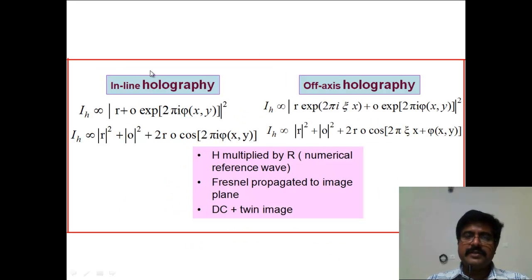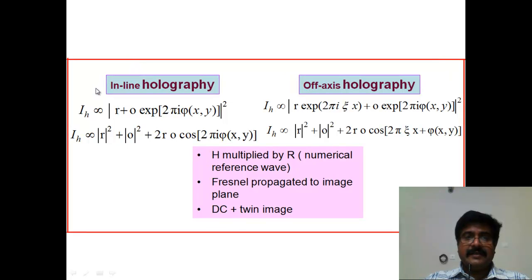Like conventional holography, one can record digital holograms in both inline and off-axis geometries. First, we will see the inline holographic scheme. The reference wave and object wave interfere inline.